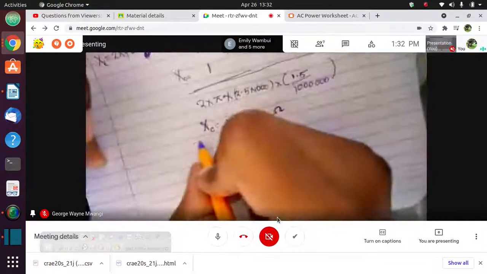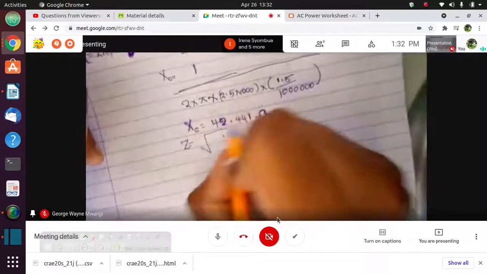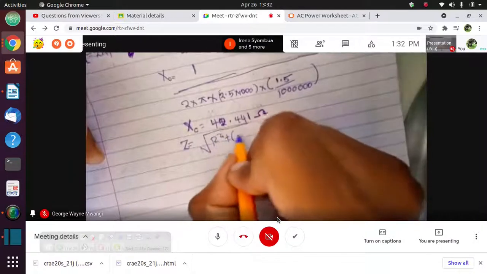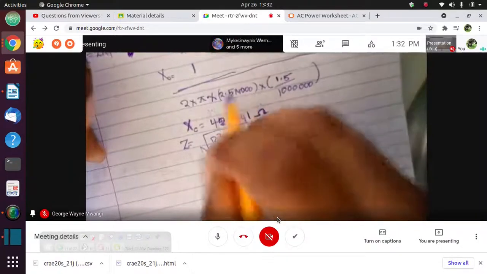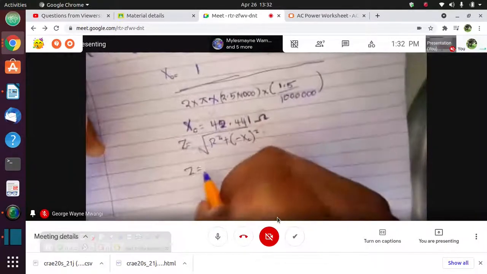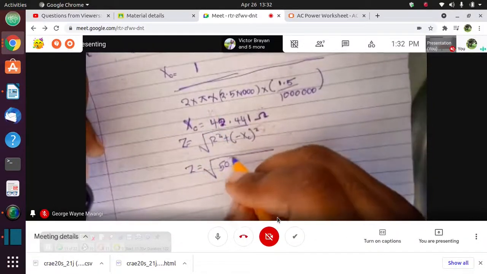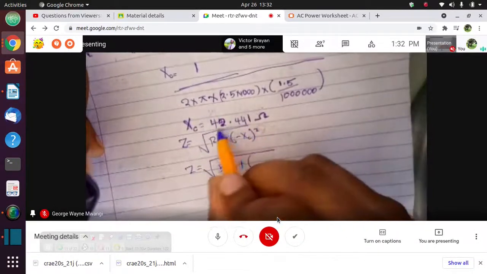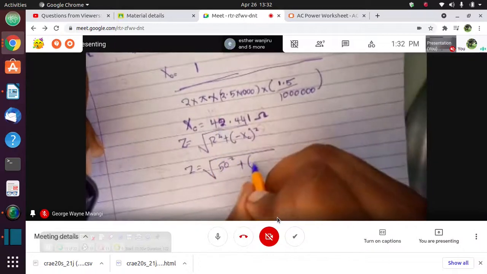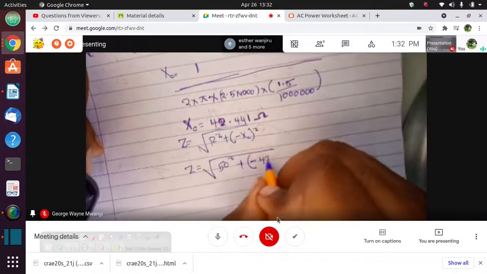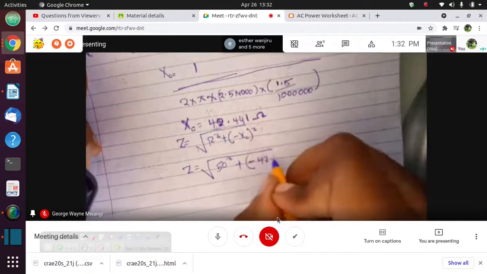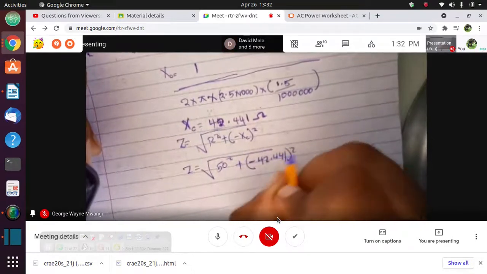Now the impedance will therefore be the square root of R squared plus (minus XC) squared. So Z is given by the value of the resistance, 50 ohms, so 50 squared is 2500, plus negative 42.441 squared.